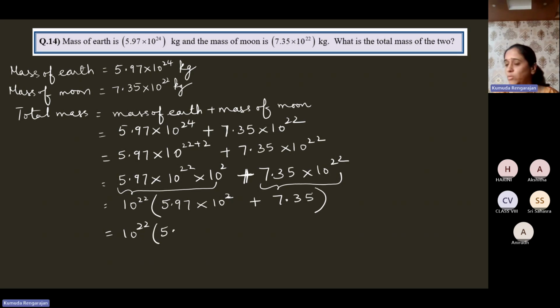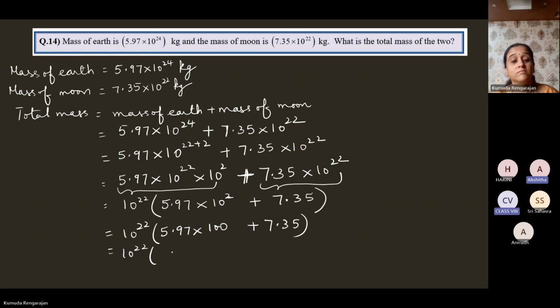Now, what is 10 squared? 100, ma'am. Now, what is 5.97 into 100? 597.